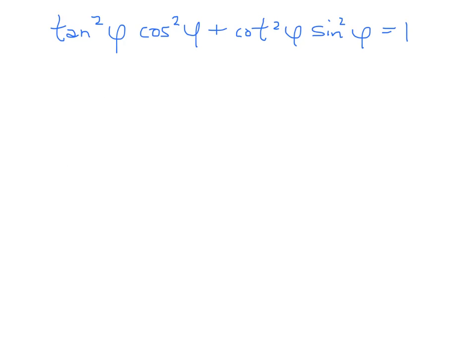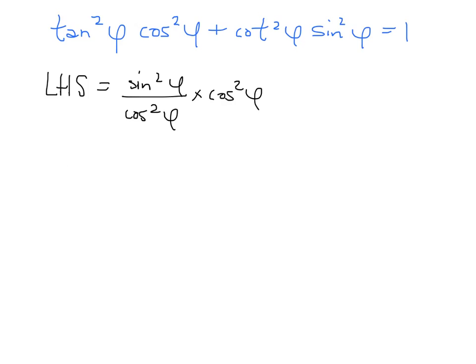So our left hand side becomes, well, tan is sine over cos, so we have sine squared phi over cos squared phi times the cos squared phi. And cotan is opposite of tan, so it's cos over sine, so we get plus cos squared phi over sine squared phi times our sine squared phi.